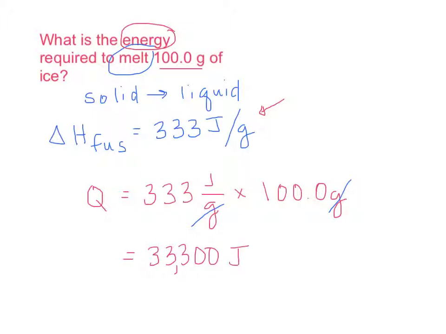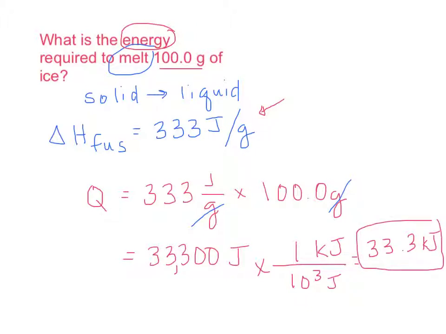Now that's a pretty large number, so what we probably are going to do is want to put it in kilojoules. So we can do that by just dividing by 1,000, or 10 to the third, because remember, kilo means 10 to the third, or 1,000. So we'll get 33.3 kilojoules, and that's our final answer.